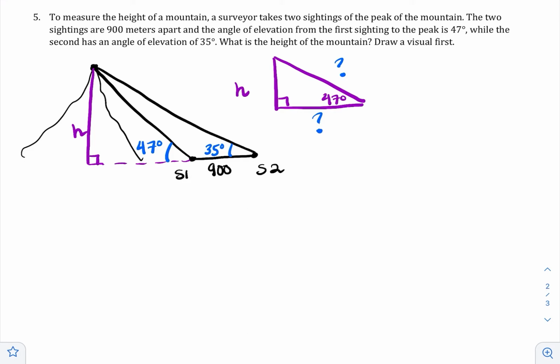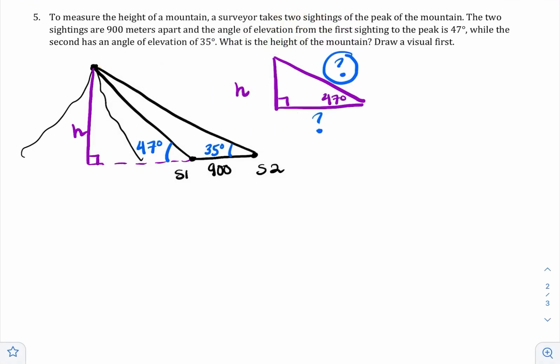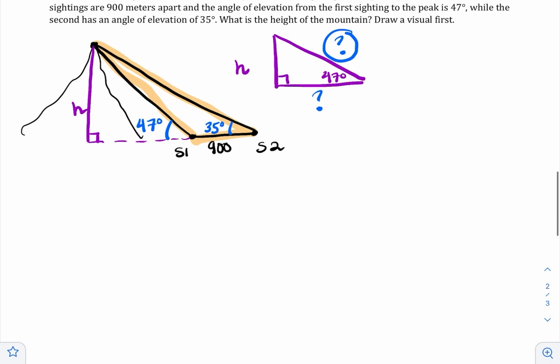So what you're actually going to do is find the hypotenuse by using the other triangle that you have. And the other triangle that you have is this triangle right here. This oblique triangle. So you are going to find the hypotenuse of the purple triangle, which is one of the sides of the oblique triangle. So I'm going to take this oblique triangle out.